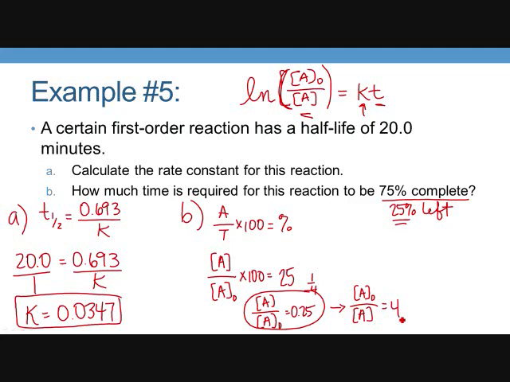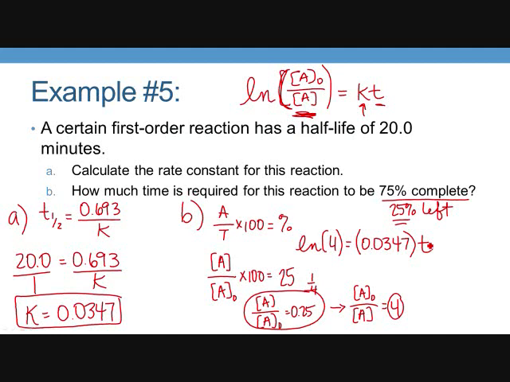So then this value of 4 is what we're going to plug in right here to solve for our time. So the natural log of 4 equals the constant K, which we just solved for in A, 0.0347, times time.